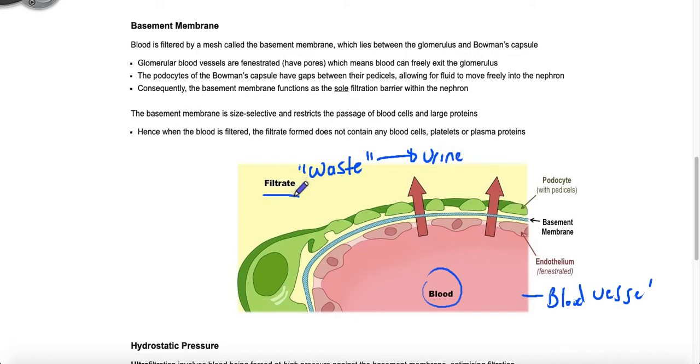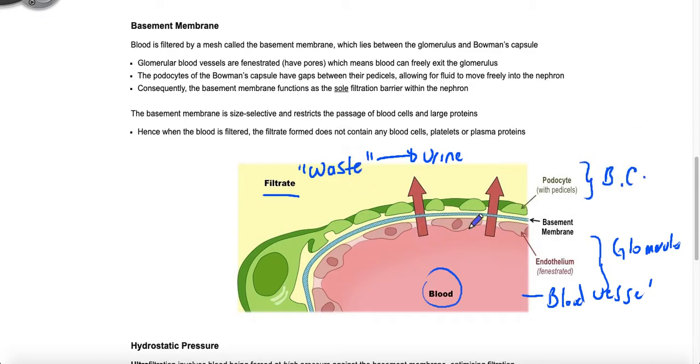Right, so this is what we refer to as the filtrate. So this basement membrane, again, lies between the glomerulus, so this part right here would be the glomerulus, and then this part right here is going to be the part of the Bowman's capsule.